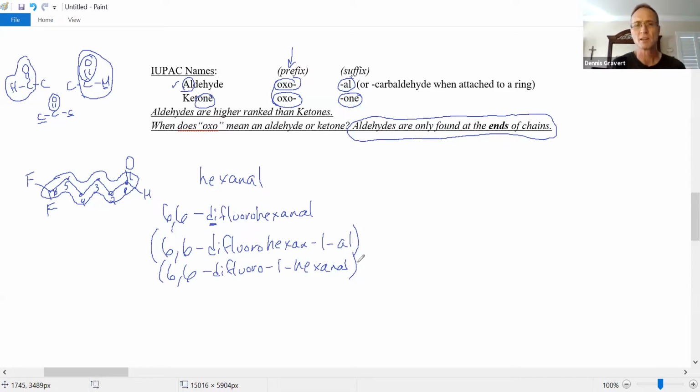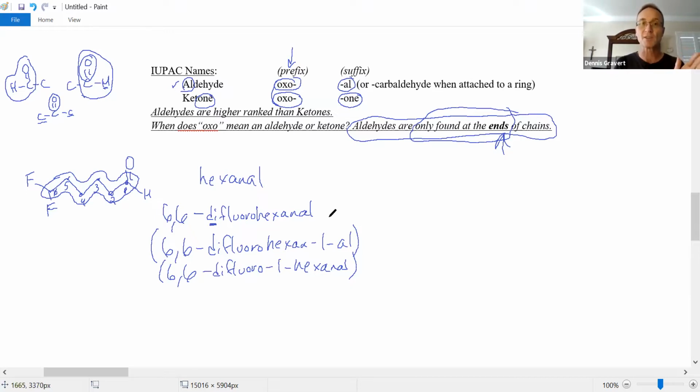Why is it optional? Well, aldehydes are always and only found at the ends of chains. And if you're using the suffix, that makes it the most important functional group, which means it always has to be at the end or at the beginning. You want to number it closest to that end. It has to be on number 1 if it's an aldehyde.